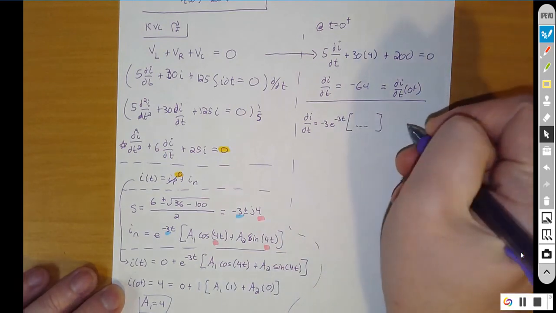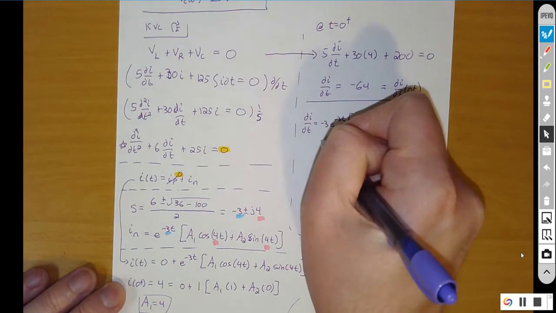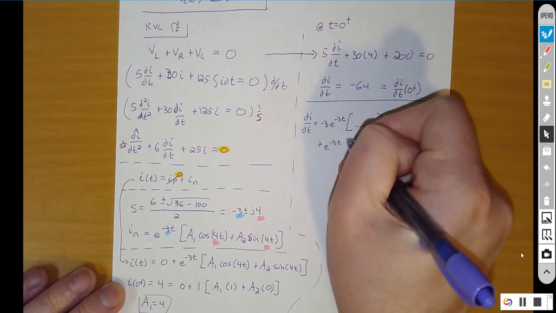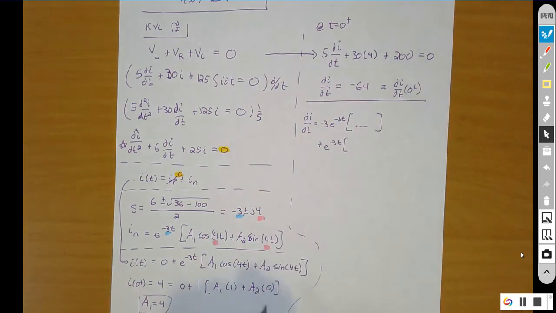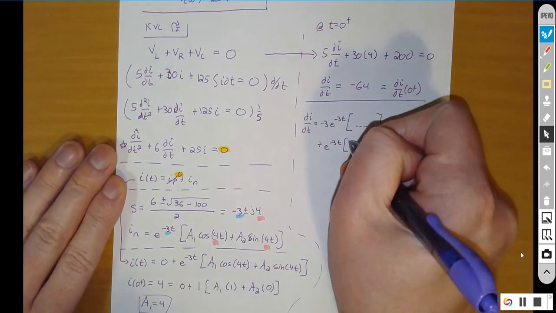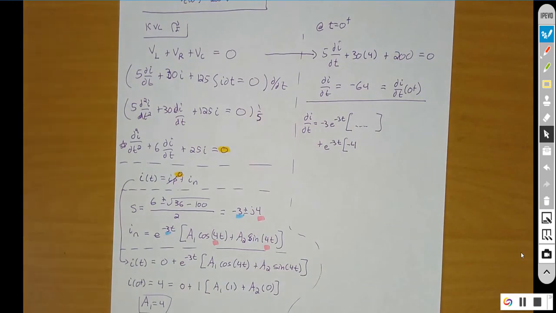Then we get plus e to the negative 3t times the derivatives of the insides, which become negative 4 sine 4t.